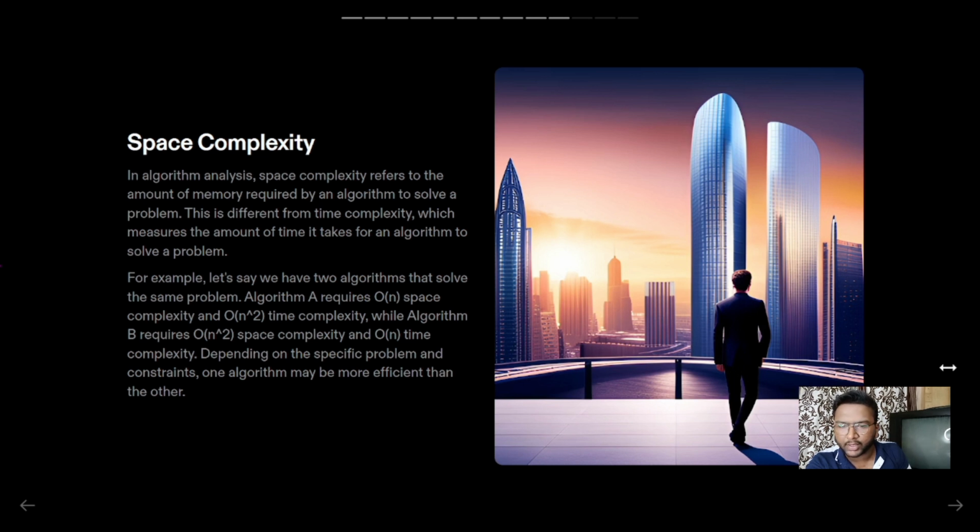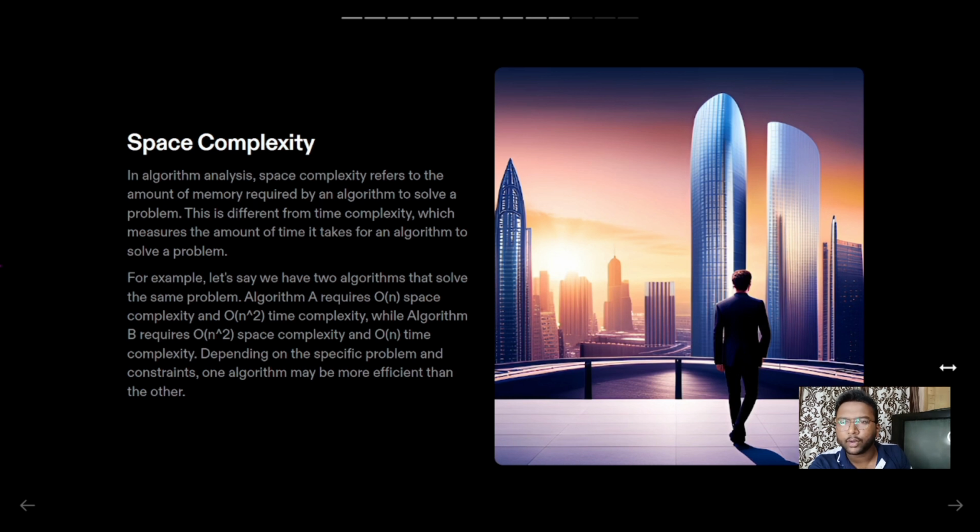Coming on to space complexity. In algorithm analysis, space complexity refers to the amount of memory required by an algorithm to solve a problem. This is different from time complexity, which measures the amount of time it takes for an algorithm to solve a problem. For example, let's say we have two algorithms that solve the same problem.